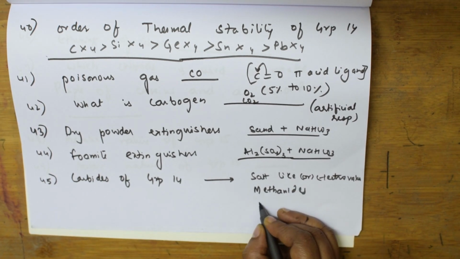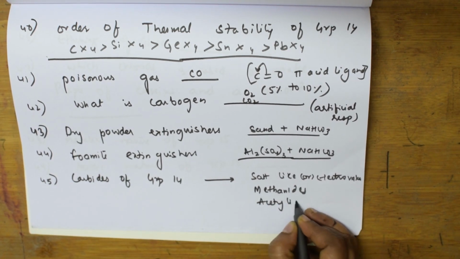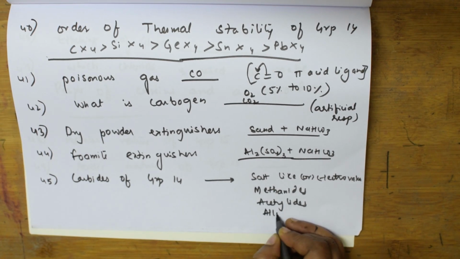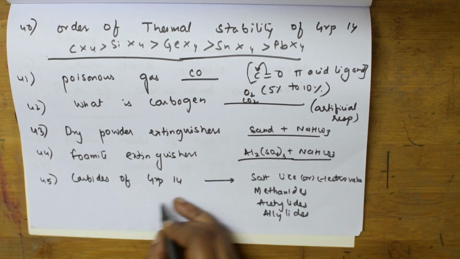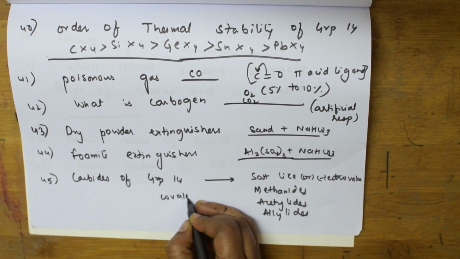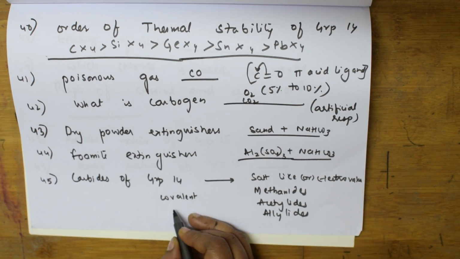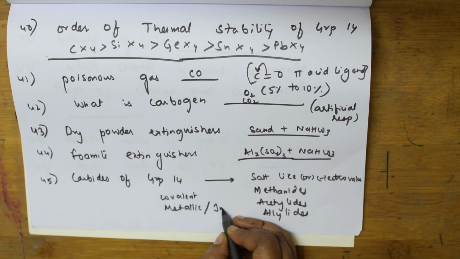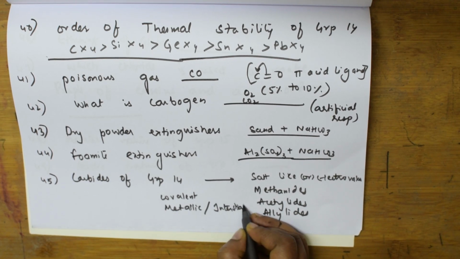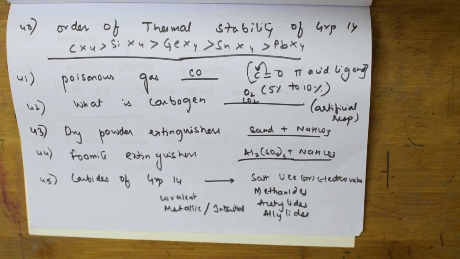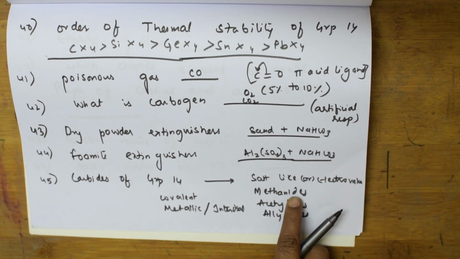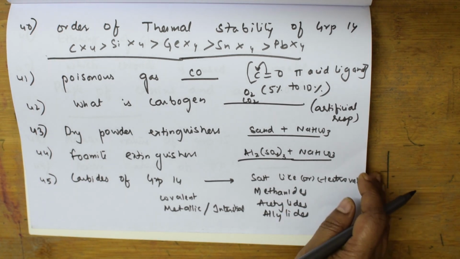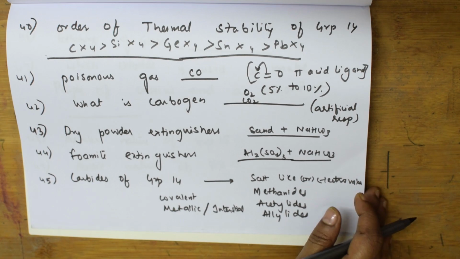They also form acetylides. They form allylides. They form covalent carbides. They form metallic or interstitial carbides. So these are the different carbides which we have: salt-like or electrovalent, methanides, acetylides, allylides, covalent, and metallic or interstitial.